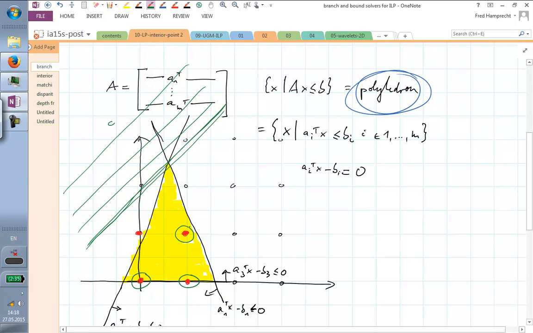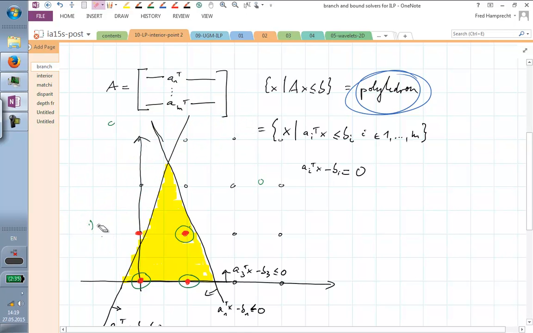So I'm putting C here, but the direction remains the same. All these equicontour lines are orthogonal, and then you can see that here I have a gain of 0, here a gain of 1, a gain of 2, a gain of 3, and so on. Those were the equicontour lines of my cost vector.